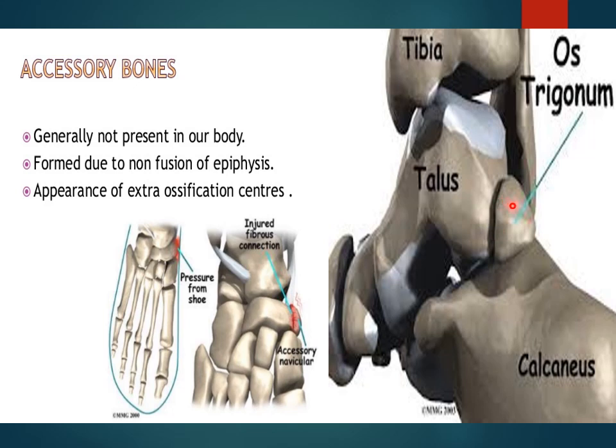On the posterior surface of the talus there is the lateral tubercle, which develops by a secondary center of ossification. If this lateral tubercle remains unfused with the rest of the talus bone, then this is known as a supernumerary bone and we label it os trigonum.